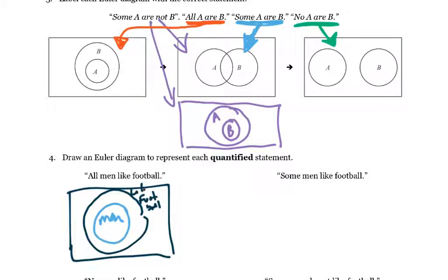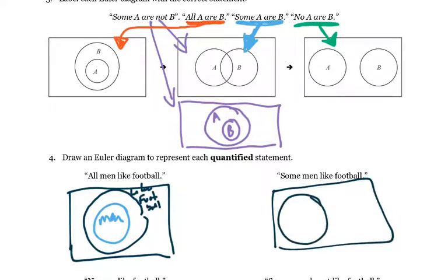Okay. So then for some men like football, we have the people who like football in black, and some of the blue, which represents the men in this case, overlap with liking football.